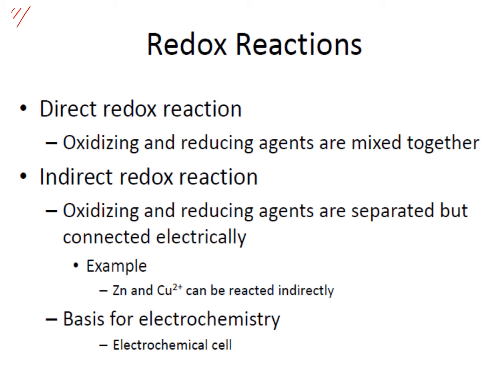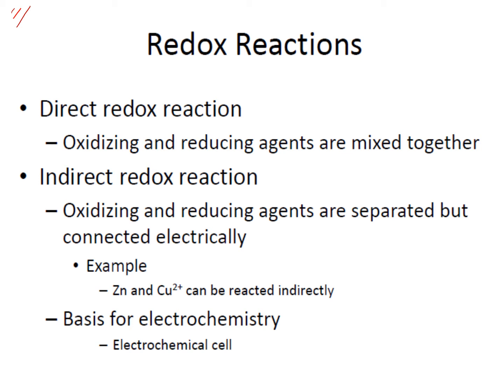So this can happen directly or indirectly. When we say directly, meaning the two can be mixed together in one solution or in one container. And in an indirect redox reaction, the two are actually in separate containers or solutions, but they are connected electrically.